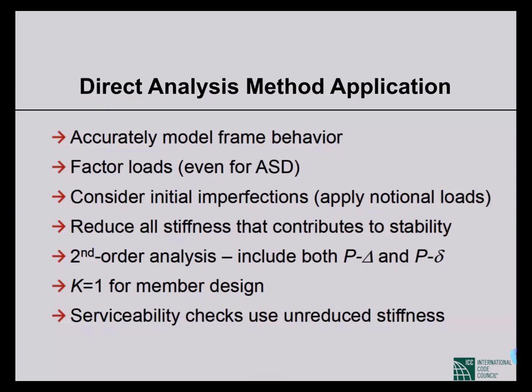I'm sure that many of you are quite familiar with software like SAP or ETABS or STAAD, and you have inbuilt functions in those software that can deal with that. So that's not a problem. To apply direct analysis method, we have to use software. So software will take that into account. Now, K is always 1, that is not a problem.